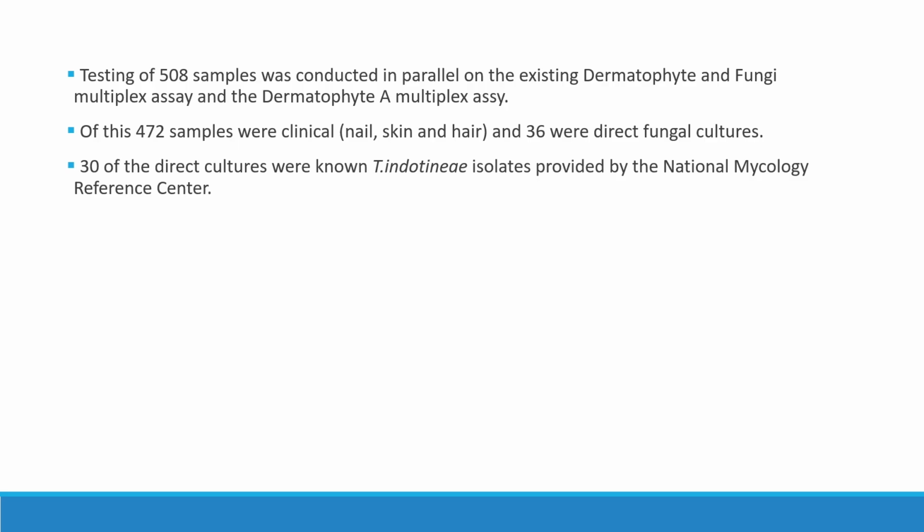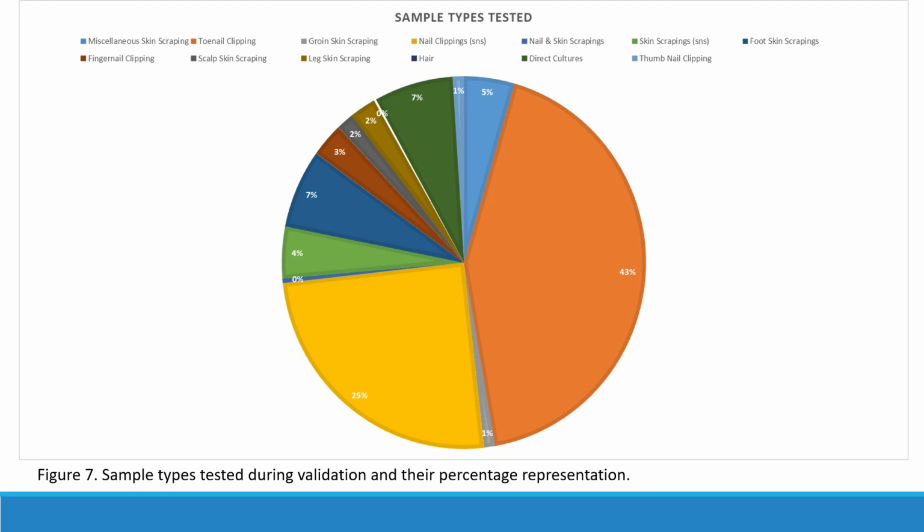So just a brief overview on the types of samples that we used. 70% of all the samples within the validation were nail samples of some description, so either toenail, fingernail, or nail clippings that had no site stated on their point of entry within the laboratory.